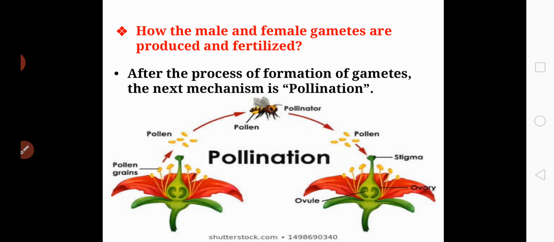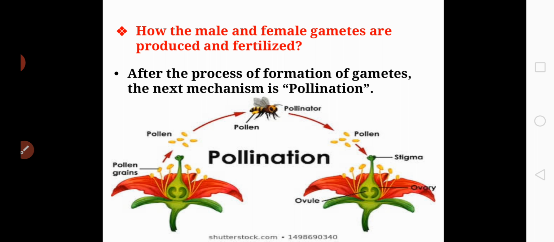Now the other male gamete fuses with the secondary nucleus and forms the primary endosperm nucleus, which is triploid. And as this process involves the fusion of three haploid nuclei, it is termed triple fusion.